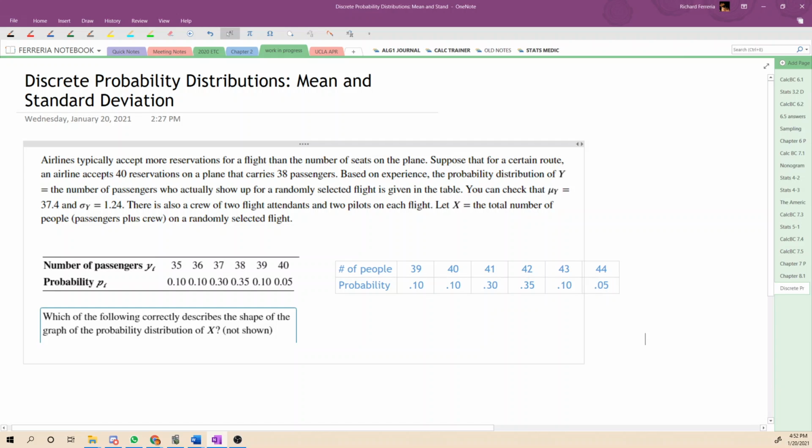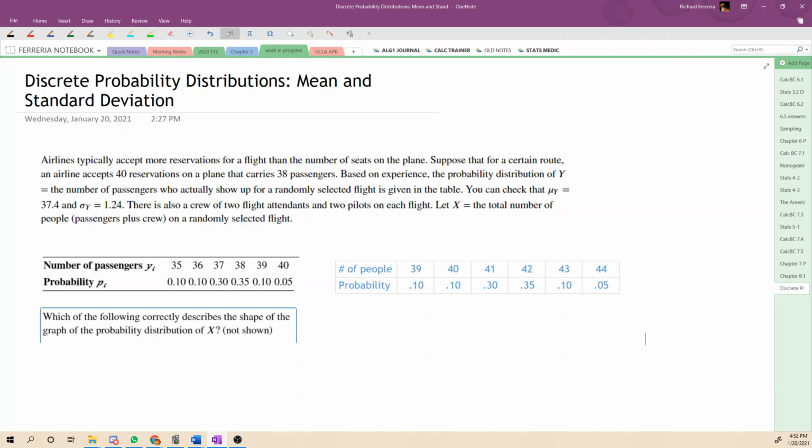Now, if you're pretty good at reading these charts, you can see that there is a peak forming right around here. At 42 people on the plane, that's definitely the highest part of the probability distribution.